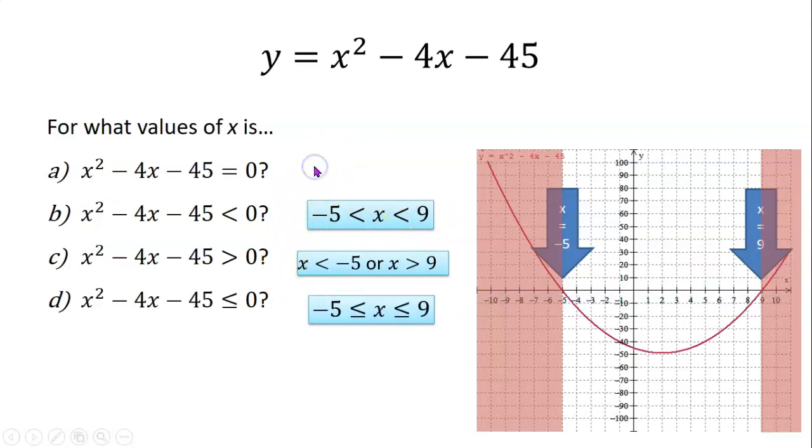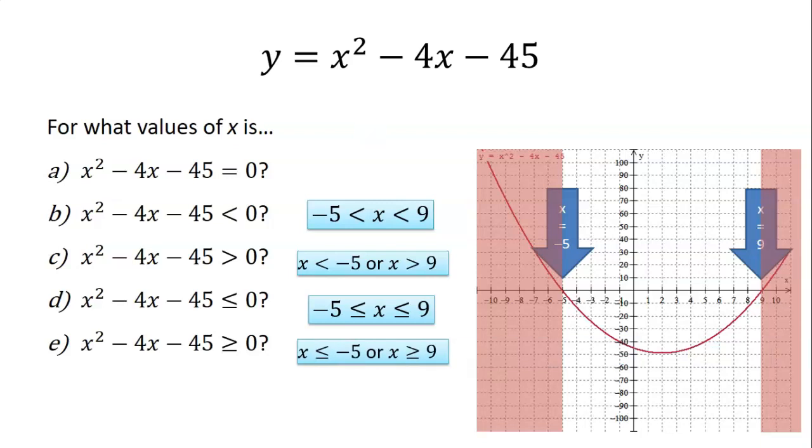So the answer there is when x is between or equal to negative 5 and 9. Negative 5 is less than or equal to x is less than or equal to 9. And when is x squared minus 4x minus 45 greater than or equal to 0? That's when x is less than or equal to negative 5, or greater than or equal to 9.